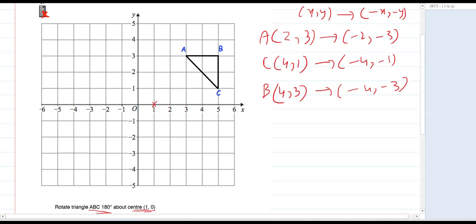It will be -2, -3. 1, 2, 3. Okay, this will be the position of A. -4, -1: 1, 2, 3, 4, -1. It should be here. Okay, then -4, -3: 1, 2, 3, 1, 2, 3, 4, 1, 2, 3.